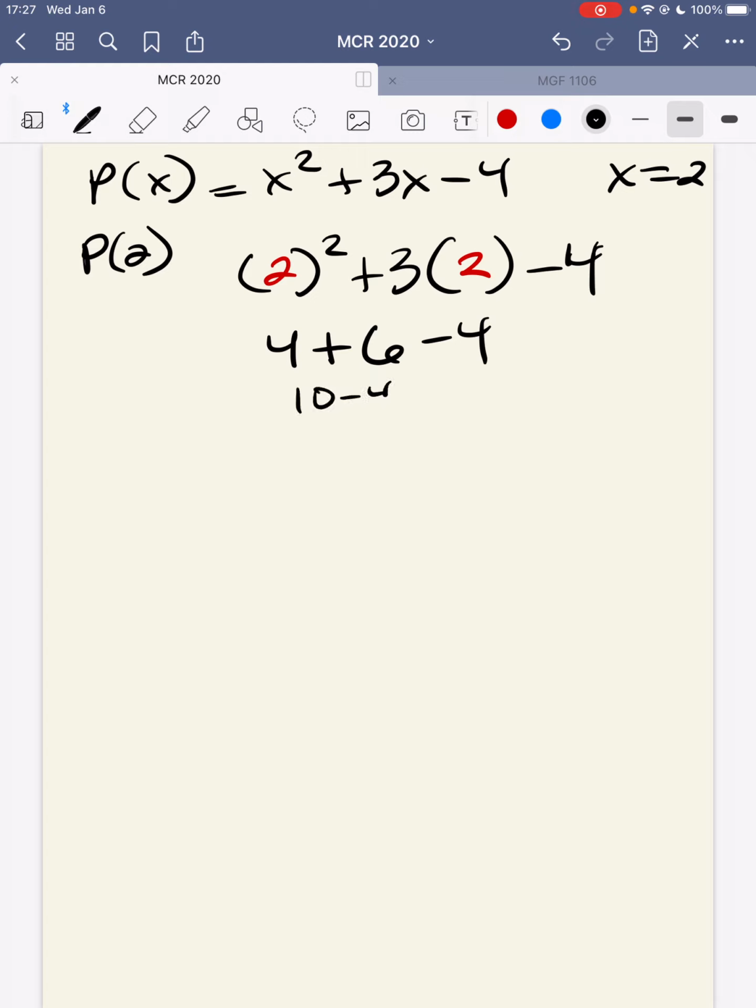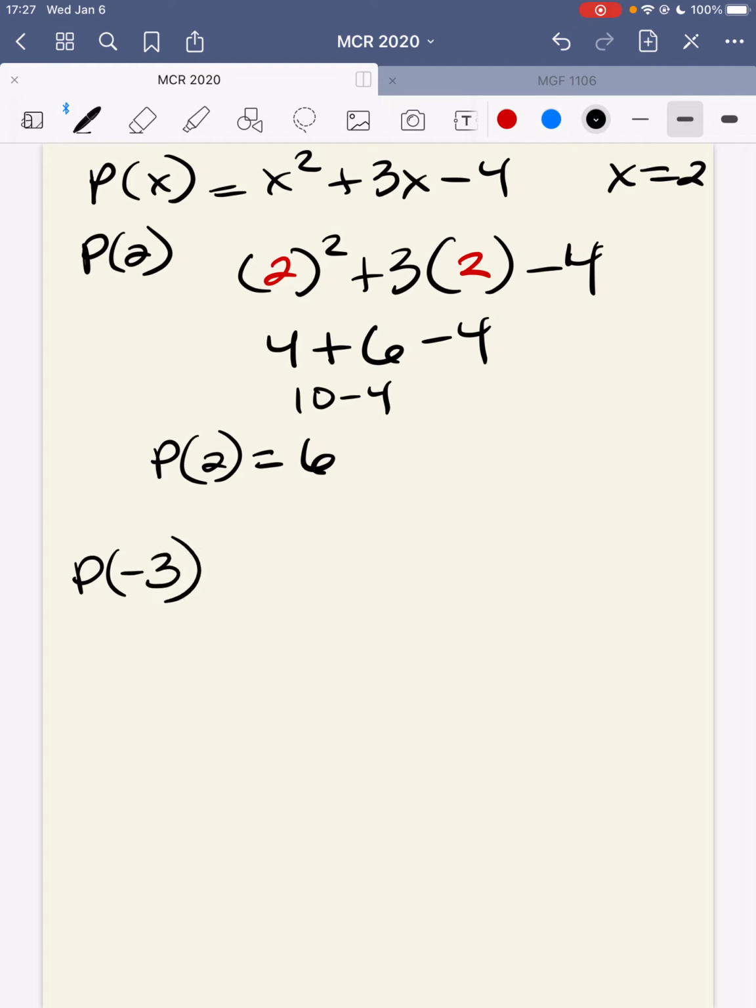So I have 10 minus 4, which is going to give me 6. So p of 2 in this case is equal to 6. Let's go ahead and change that value. I want to go ahead and evaluate p of -3.